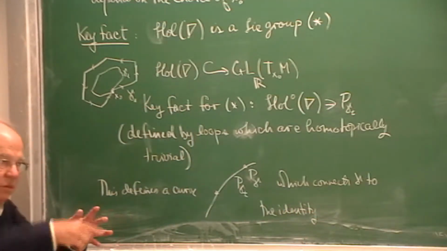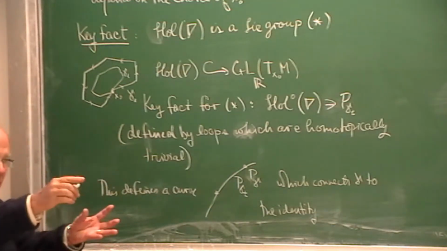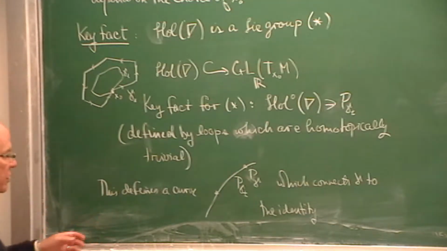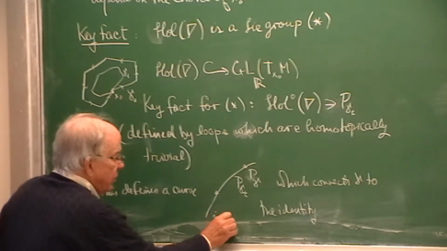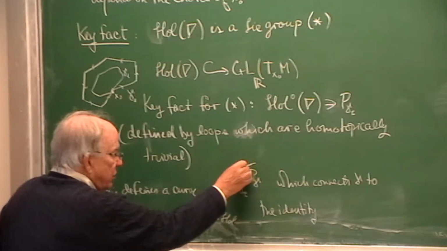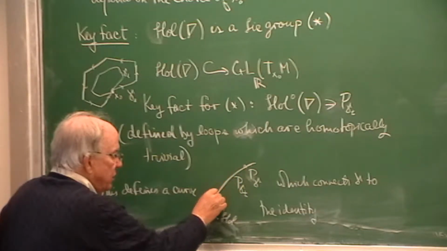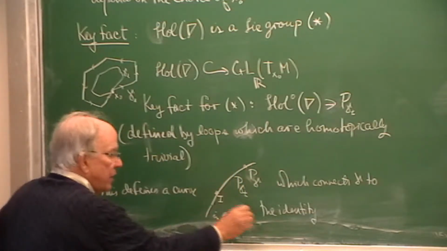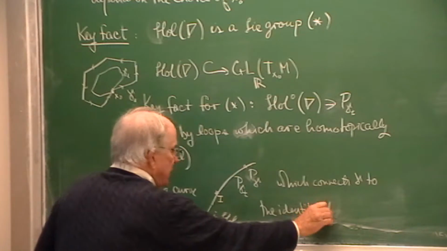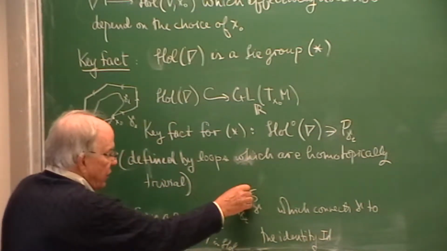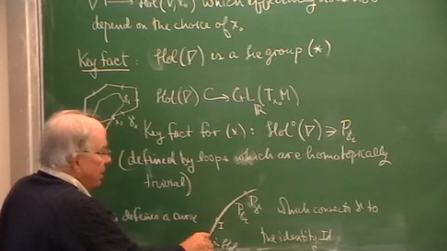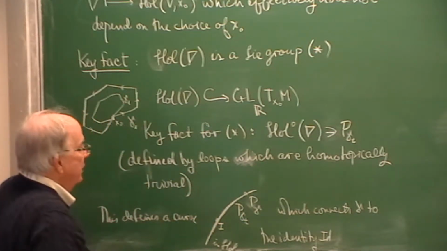This is clear. You have a big curve, and you have a curve which retracts this to the identity. This is a picture in the holonomy group of these transformations back to the identity. So any such thing gives you a curve in the holonomy group.